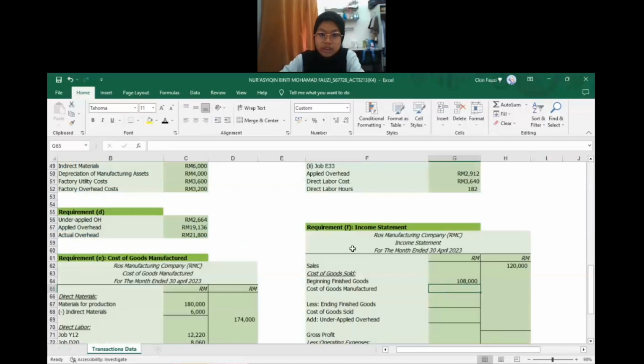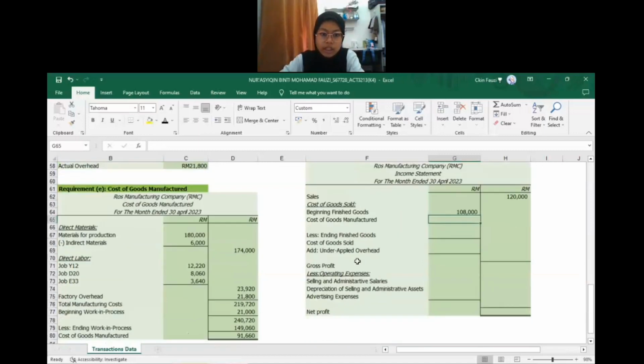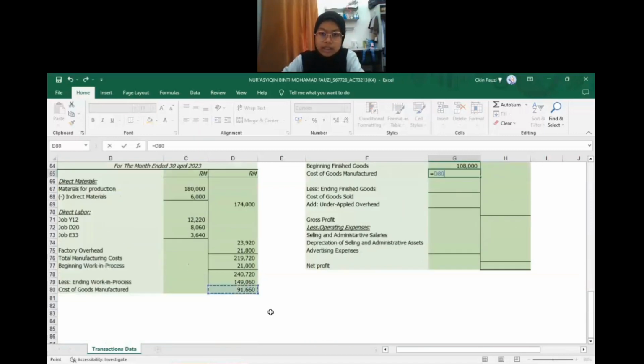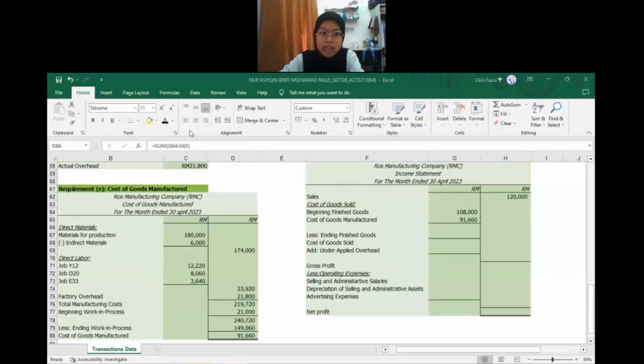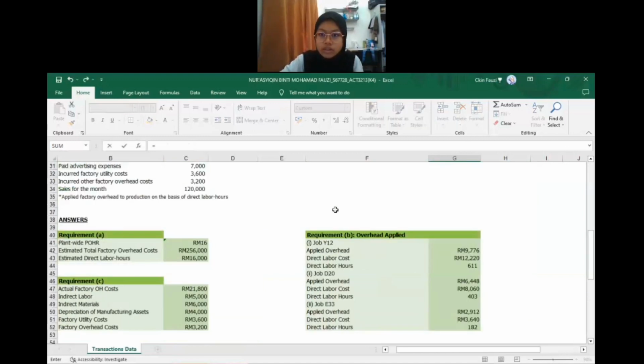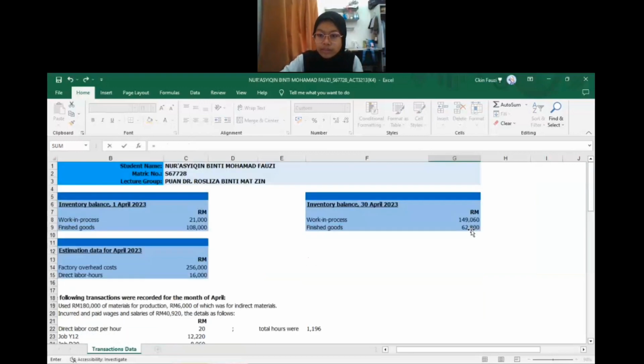We already calculated the COGM, 91,660. So beginning plus COGM we get 599 ringgit 660, minus the ending finished goods 62,000.